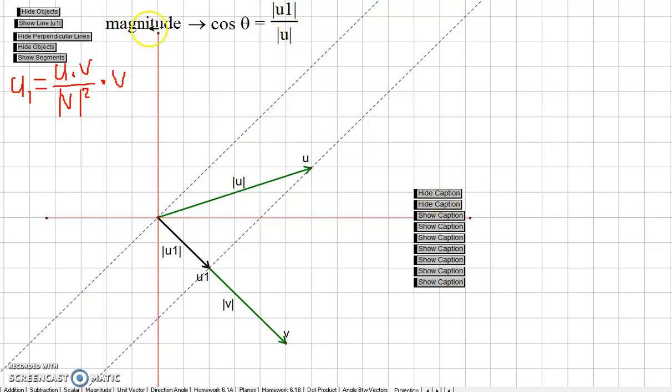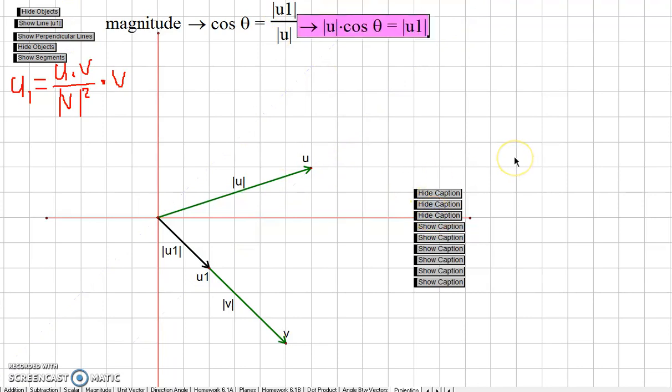And remember, we want the magnitude of the black vector. Well, that's what this numerator is. If I rearrange that, I multiply by the magnitude of u on both sides. So now the magnitude of u times cosine of theta equals the magnitude of this projection vector u sub 1.